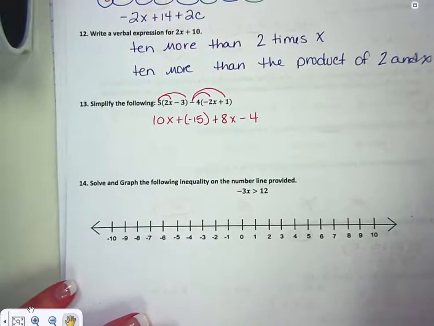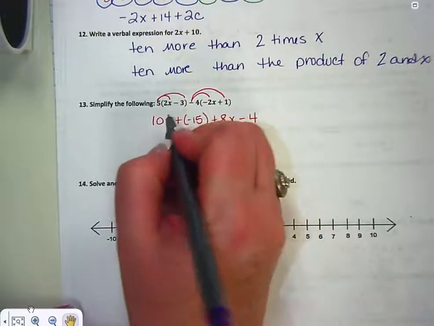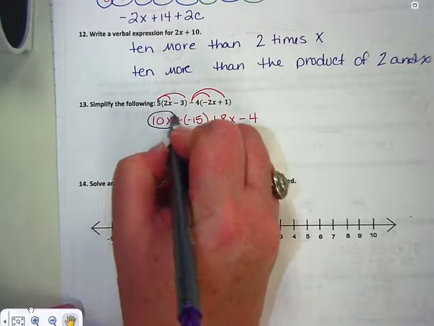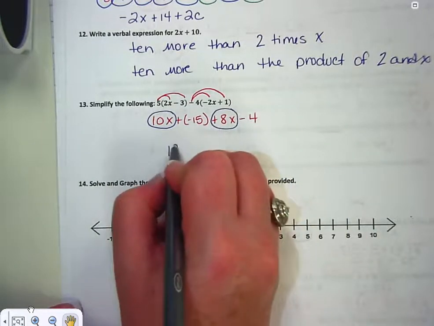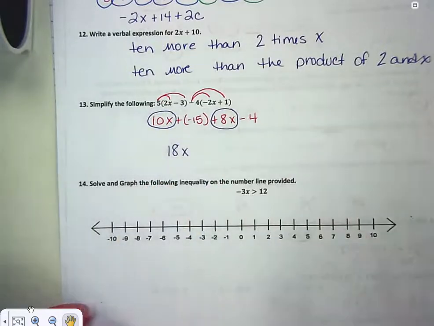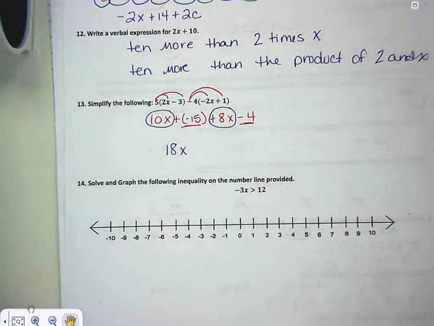Now what do we do? Combine like terms. Man, I knew we were supposed to do that. 10x plus 8x is 18x. Negative 15 and negative 4 is negative 19.